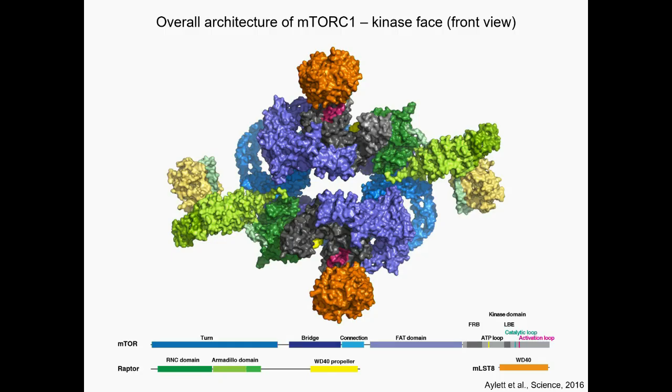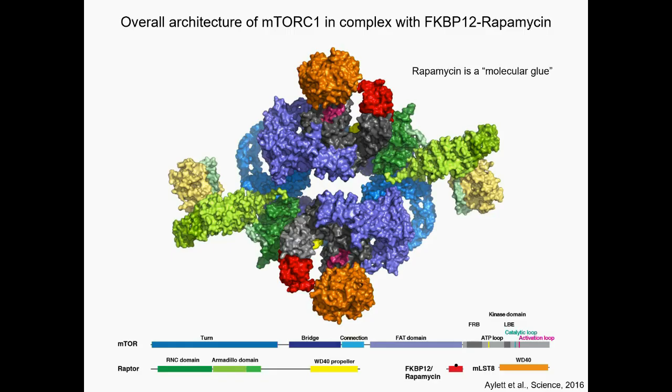We also determined the structure of TOR complex 1 bound to FKBP-rapamycin, and this then explained the puzzle of how rapamycin inhibits TOR. Why does it need to bind FKBP to inhibit TOR complex 1? And that's shown here. So this is the FKBP protein, which rapamycin glues to the lip of this catalytic cleft, and as a result, it forms a lid which blocks access of substrates to the catalytic site.